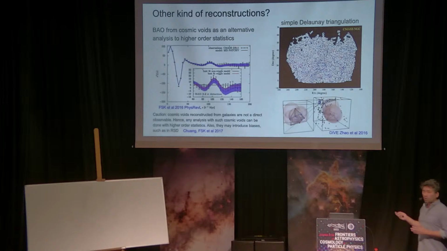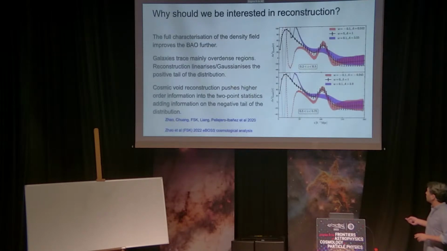So it's very dangerous to make a redshift space distortions analysis with anything which has suffered that nonlinear transformation. And there could also be other biases. So we wrote a paper on this, and we found that in a very robust way.